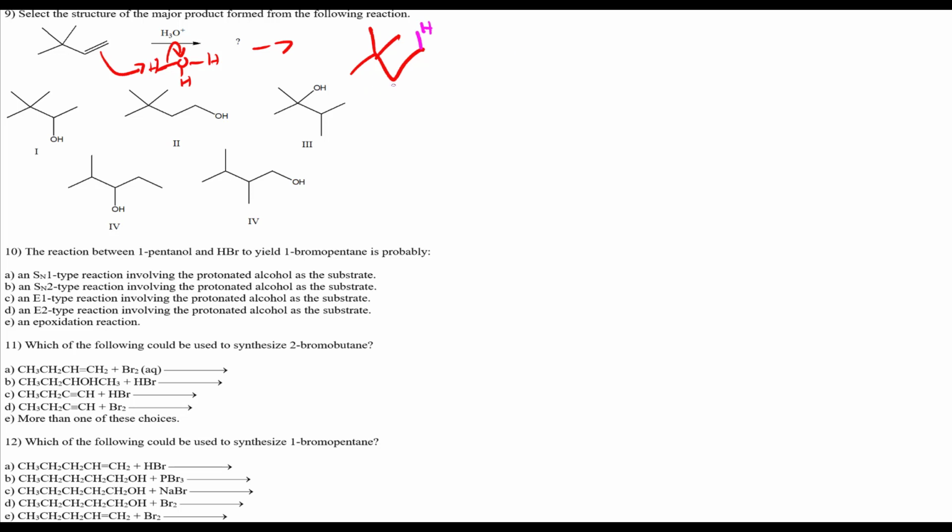And then this is going to be a positive carbocation. He's going to be attracted to this positivity. He's going to do that right there. Now we have a neutral water, right? Neutral water.